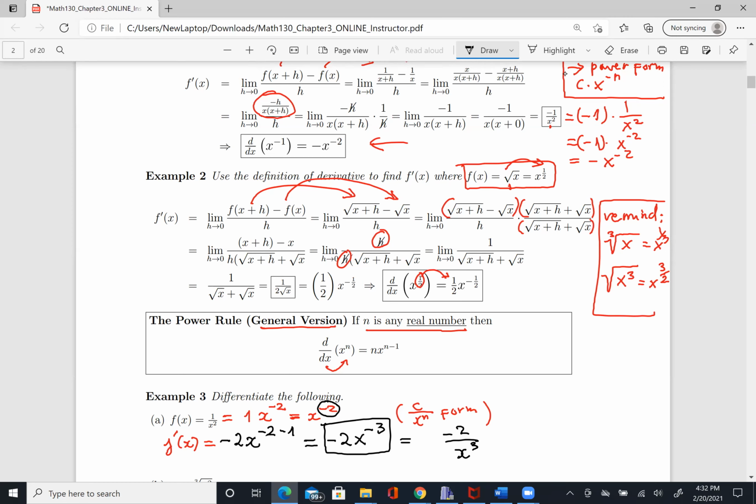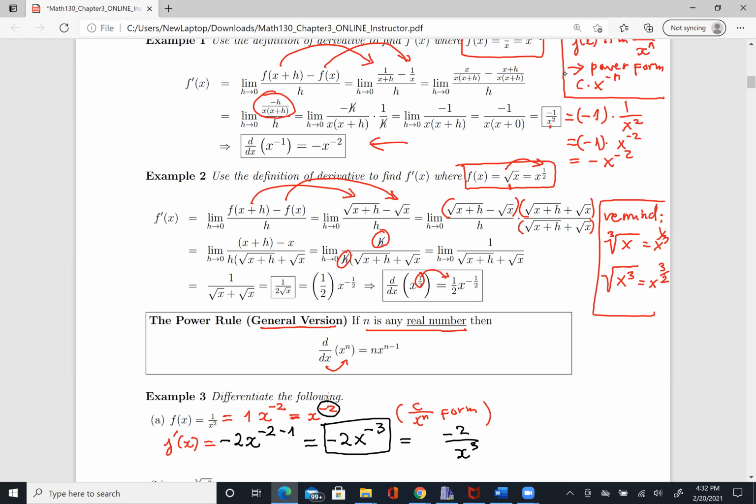So instead of having a negative power, now I change it to a fraction form with a positive power. Either way, I will accept. Both of these are going to be answers.